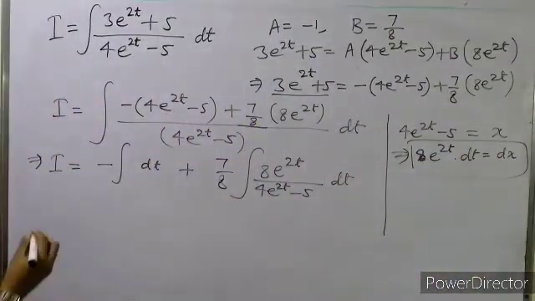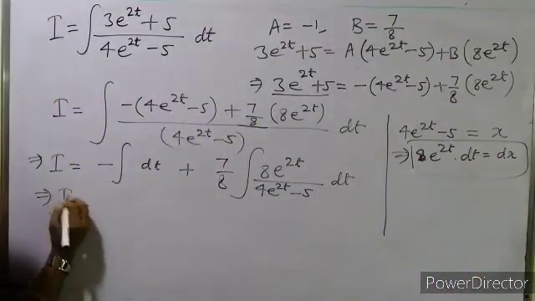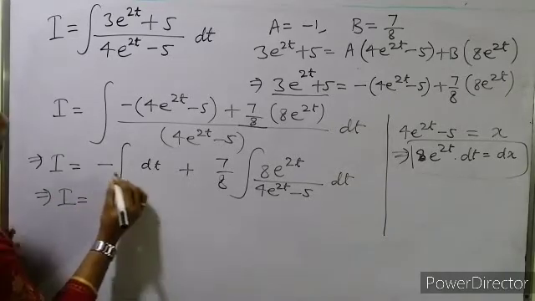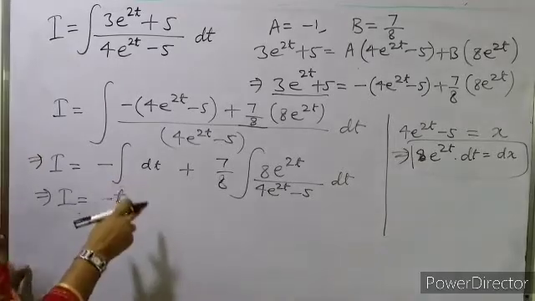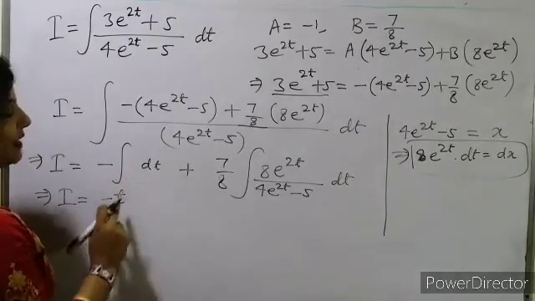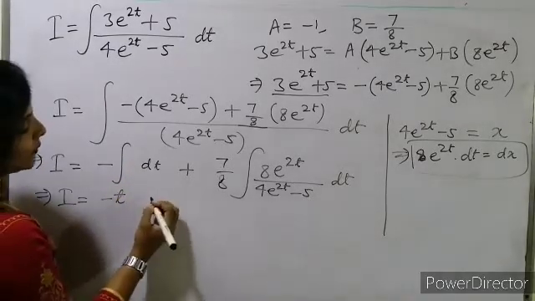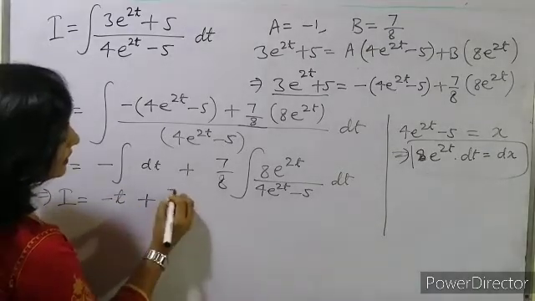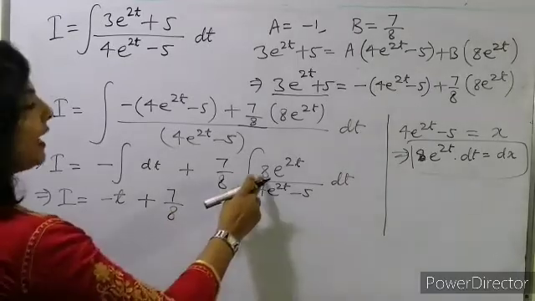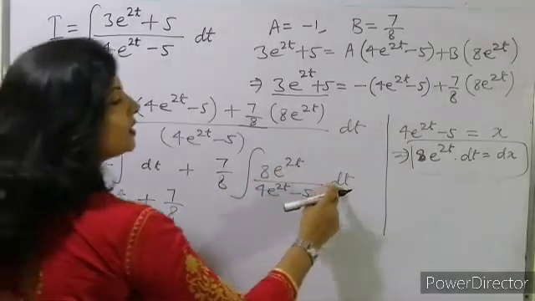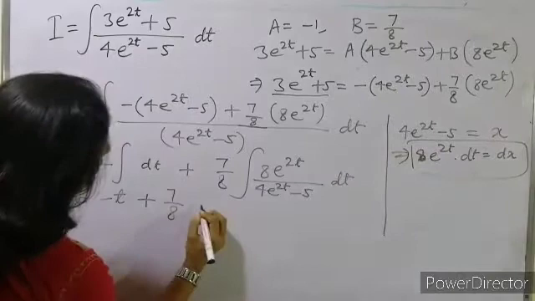Now it means I should be equal to minus t, because when we integrate 1 with respect to t we get t. Okay, plus 7 upon 8 into, see, 8 e to the power 2t into dt is equal to dx.